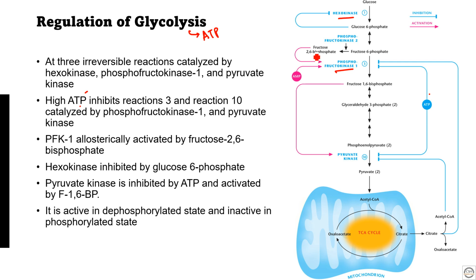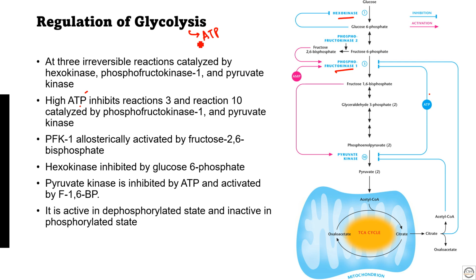This fructose 2,6 bisphosphate is also involved in other metabolic pathways such as gluconeogenesis, and I'll not go into too much detail. It activates phosphofructokinase 1 allosterically, binding at an allosteric site on the enzyme phosphofructokinase 1.